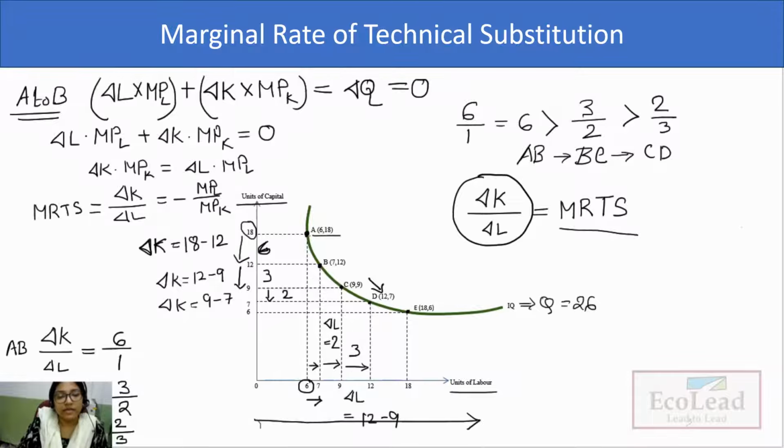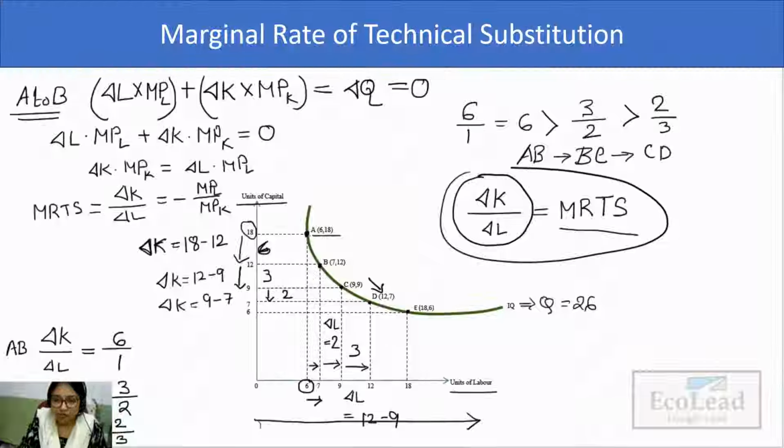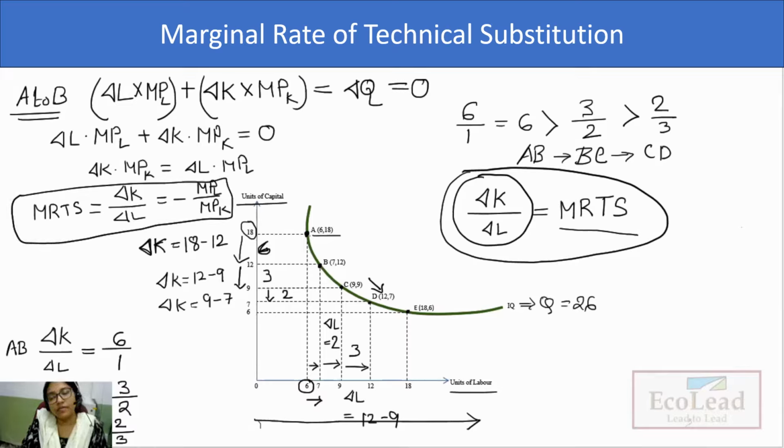The technical part comes from the technology we are using, how feasible it is, and how the technology in the production process permits the producer to substitute one input for the other. So the marginal rate of technical substitution is the slope of the curve, as well as the ratio of the marginal products of the factor inputs.